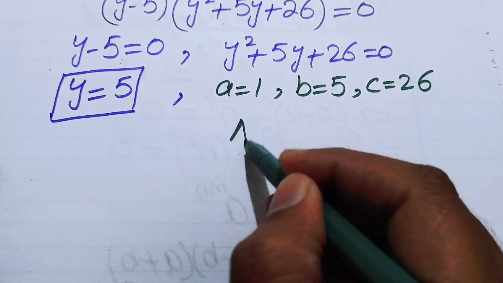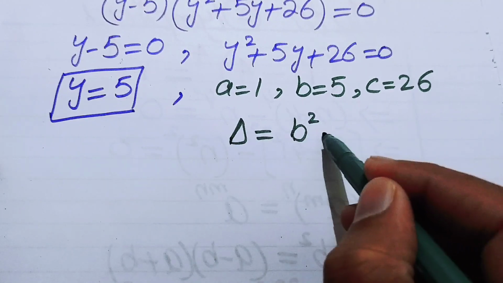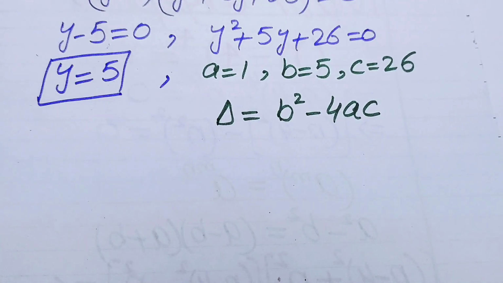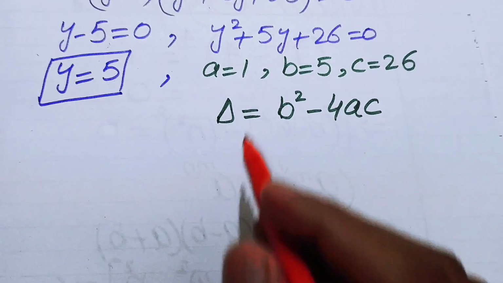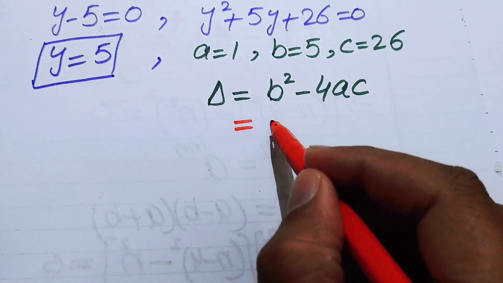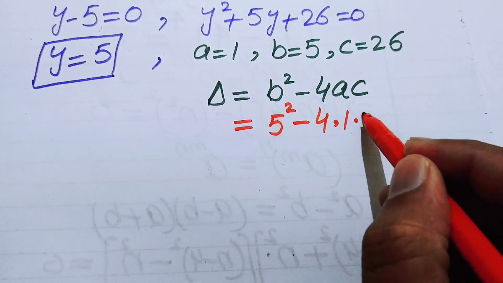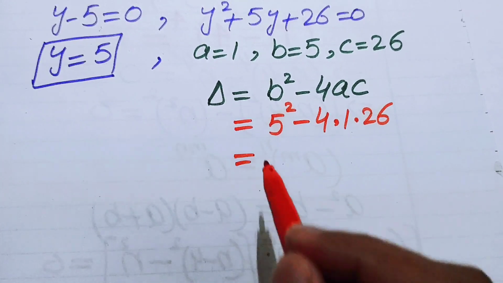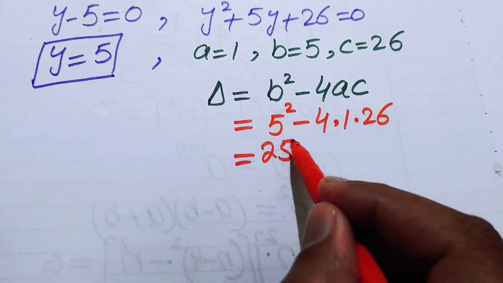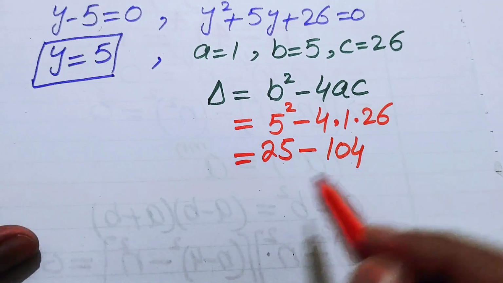The discriminant formula looks like this: delta equals b squared minus 4ac. Now you put the values of a, b and c here and check the behavior of delta, so you get 5 squared minus 4 times 1 times 26. 5 squared becomes 25, and 4 times 26 becomes 104.